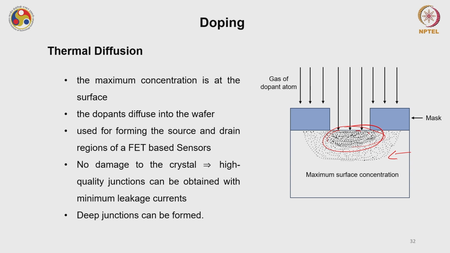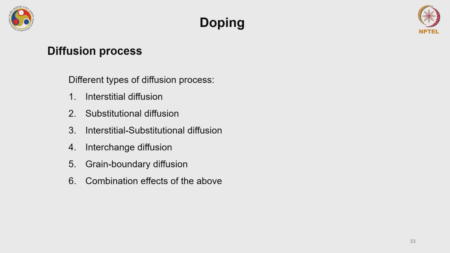This is used for forming the source and drain regions of FET based sensors. In this process there is no damage to the crystal, and high quality junctions can be obtained with minimal leakage current. At the same time, deep junctions can be formed.